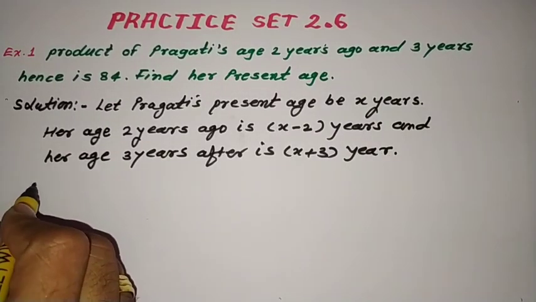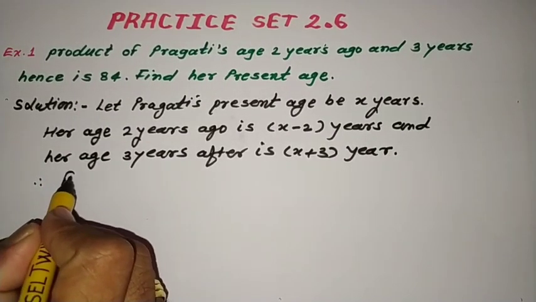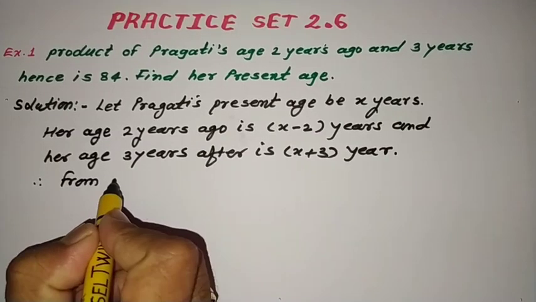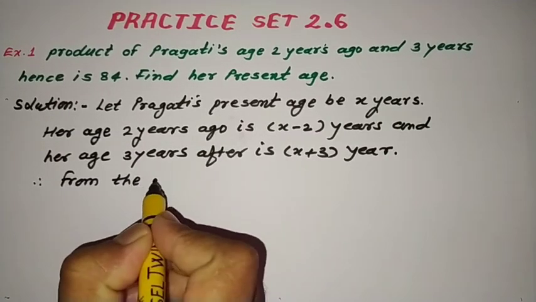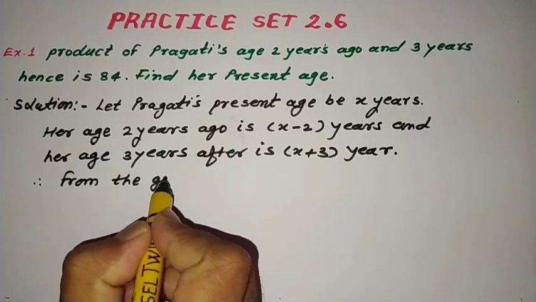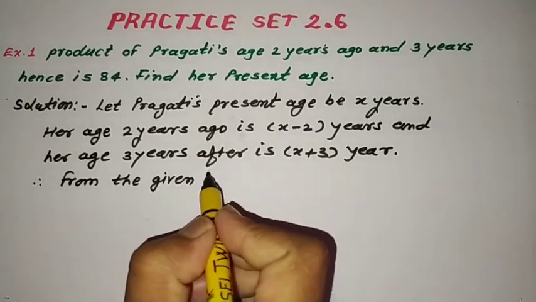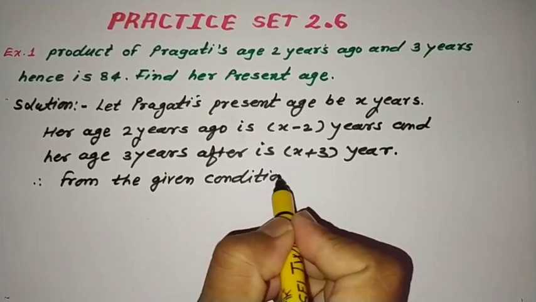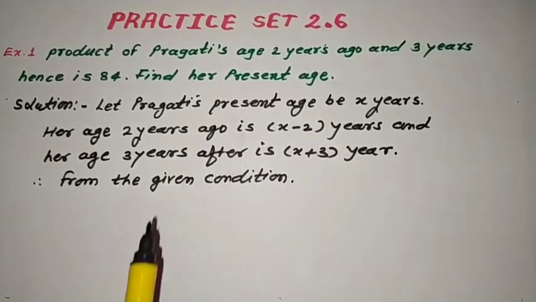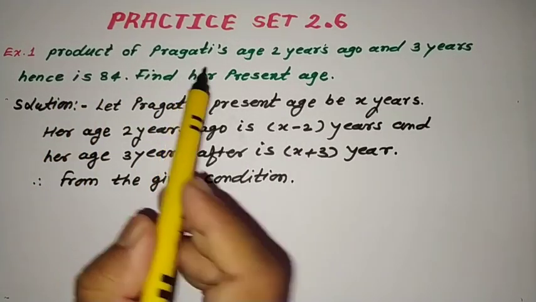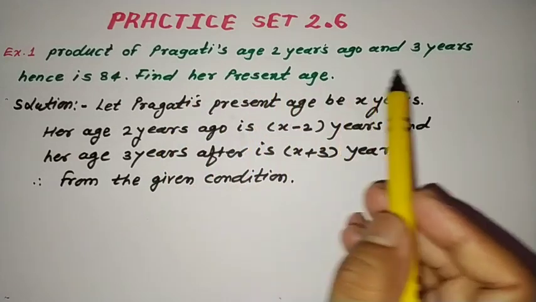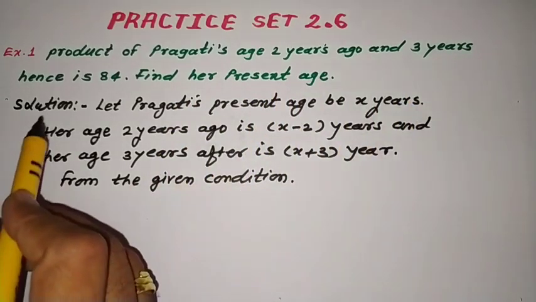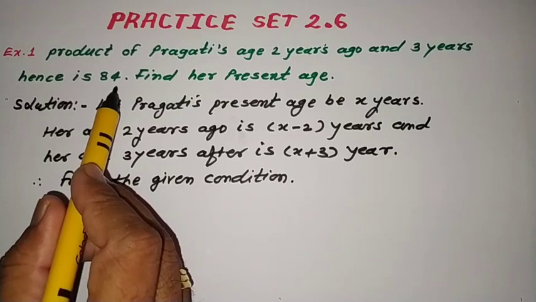From the given condition, the product of Pragati's age 2 years ago and 3 years hence is 84.